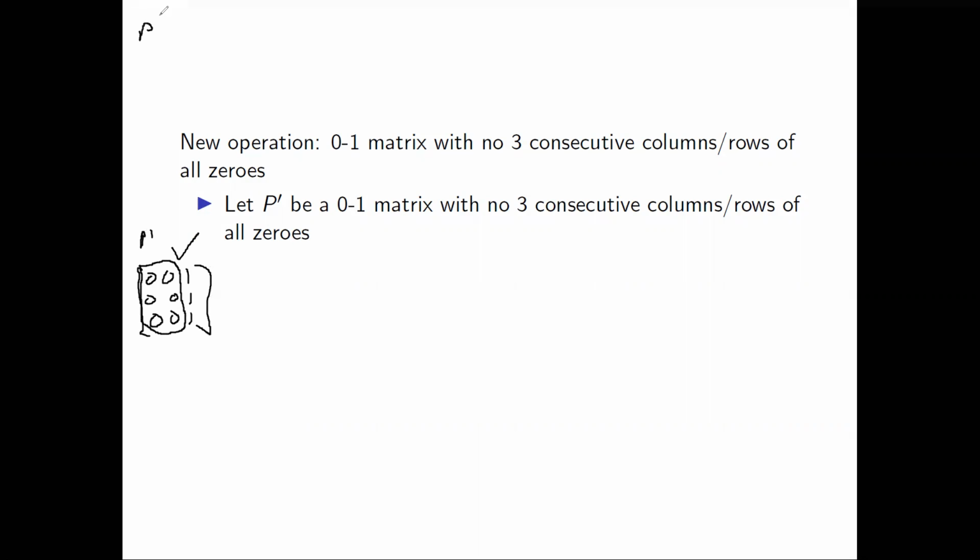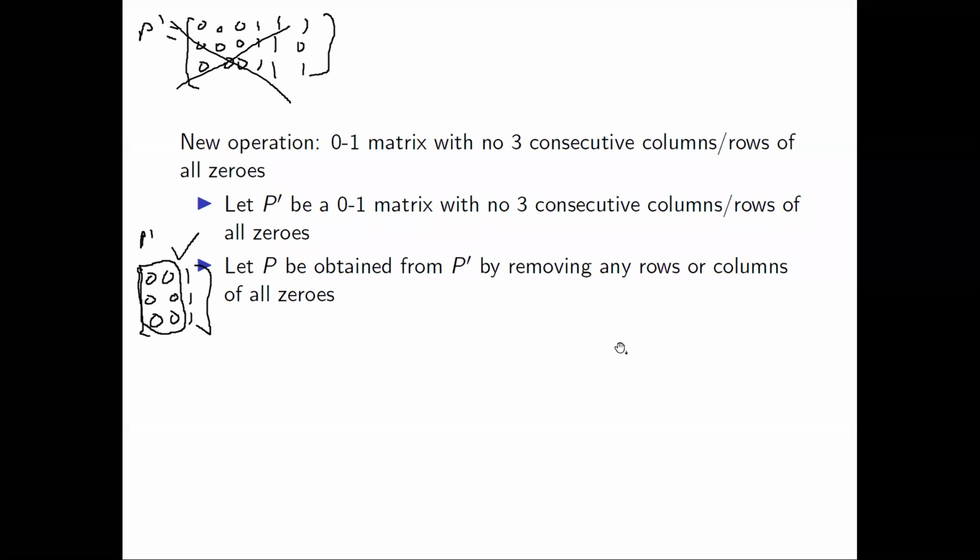If we have P prime up here, that one doesn't work because it has 3 consecutive columns of all zeros. Again, we'll let P be obtained from P prime by removing any rows or columns of all zeros.